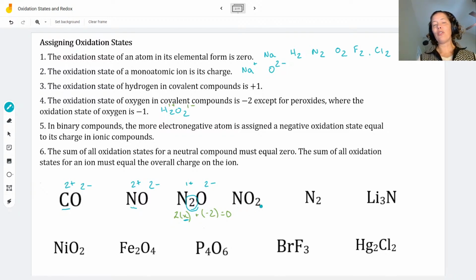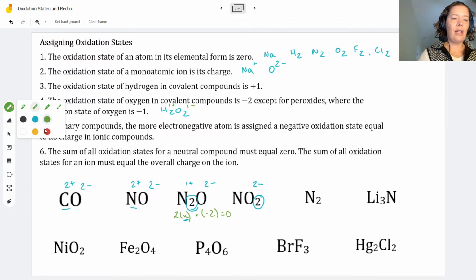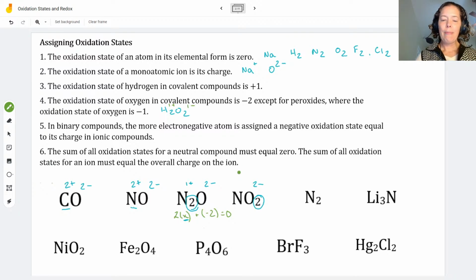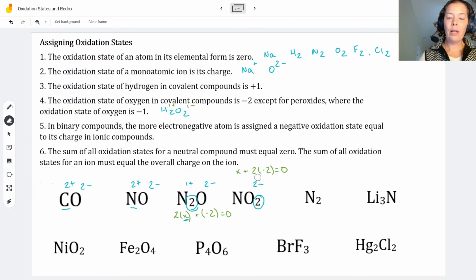Okay, so let's switch it up. This time I have nitrogen dioxide, so I've got NO2, but I'm going to apply the same rules again. Oxygen is -2, but because I have 2 here, if I am writing an algebraic expression, I'm going to say nitrogen is X. I don't know what it is, but I'm going to add oxygen, but I have 2 of them. So there's a multiplier of 2 there, and again, that equals 0. So sometimes what I will do is I'll write a -2 there, but then above it I'll write a -4, just as a reminder to me that I have 2 of them, and that's my multiplier.